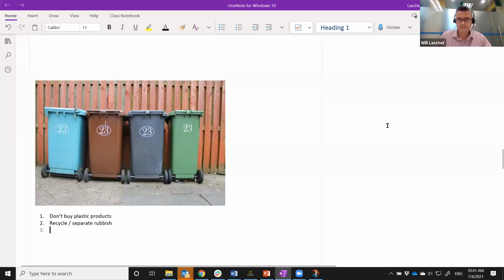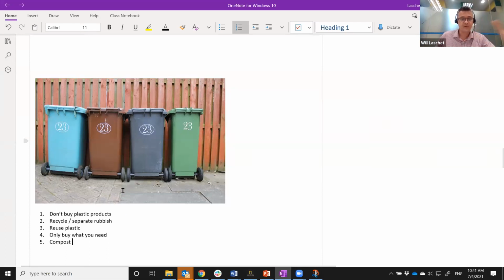Reuse plastic. Maybe another one: only buy what you need, because if we buy too much, we end up throwing it away. Compost, that's a good one. So we can actually have one bin for organic material, for food waste, and we can put that into a compost bin. That's great. Lots of good ideas.